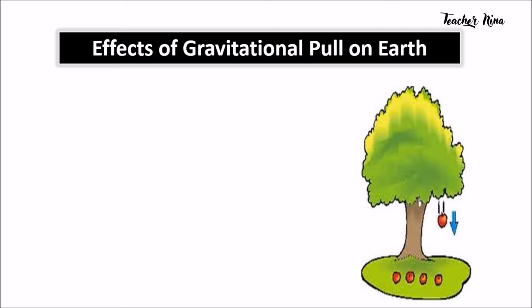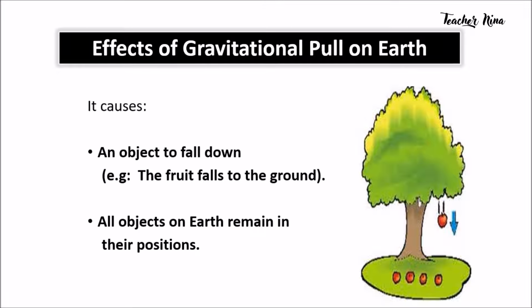What are the effects of gravitational pull on Earth? Look at the picture. I think you have a good idea. Okay, gravitational pull on Earth will cause an object to fall down. For example, the fruit falls to the ground. It will not float.